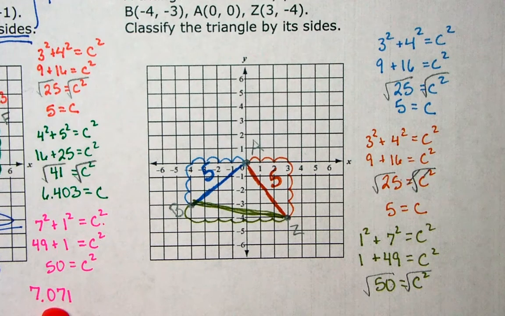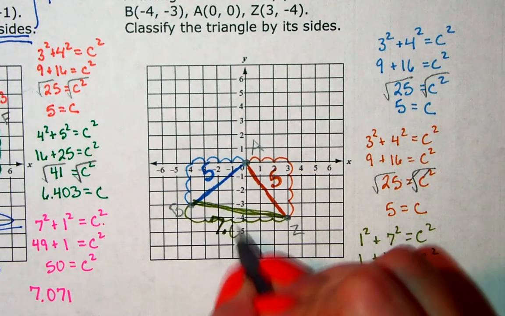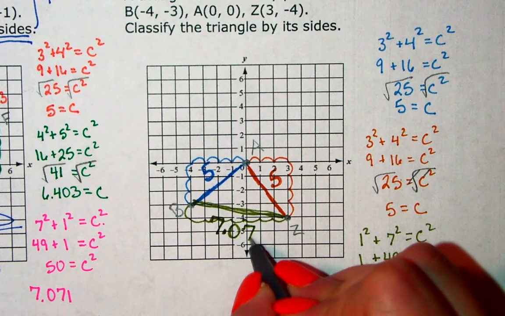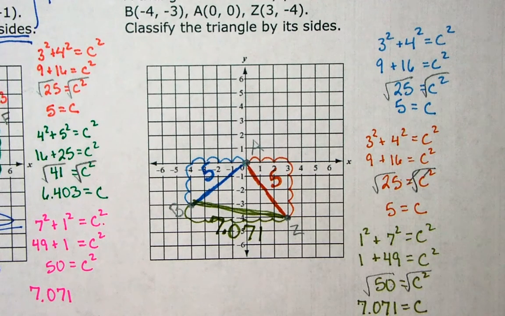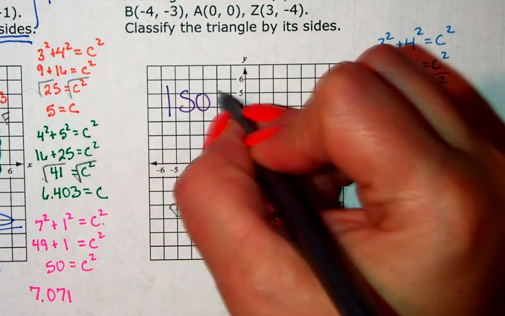The square root of 50 is 7.071. So this triangle has 2 congruent sides and a third side that's not the same. So this triangle, we're going to call it isosceles.